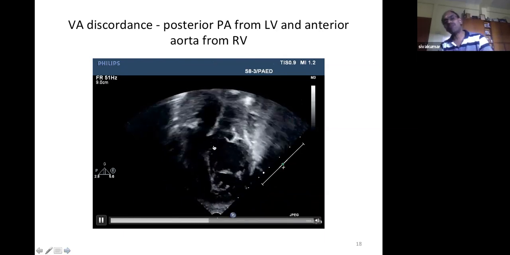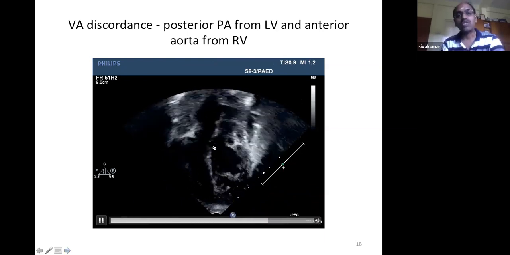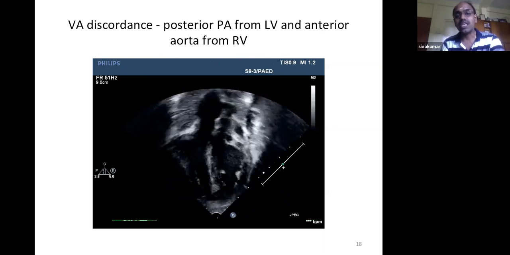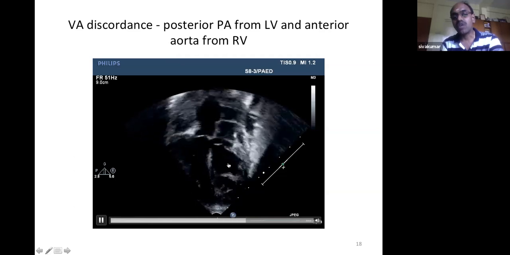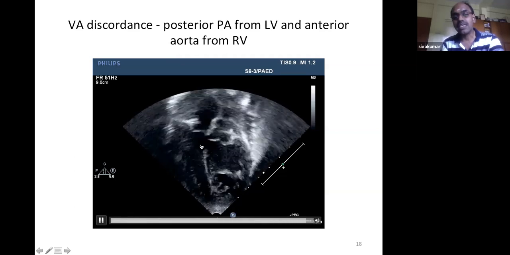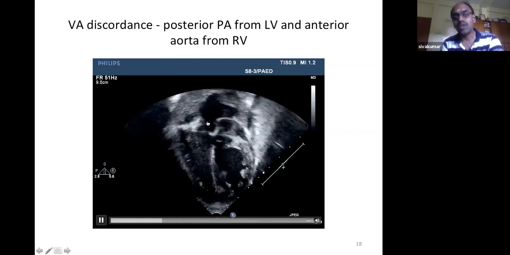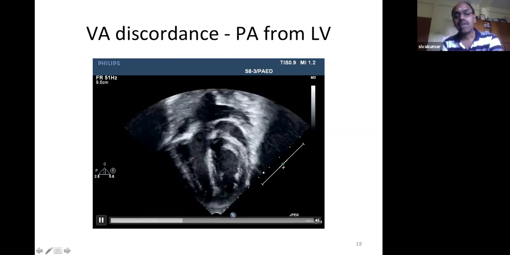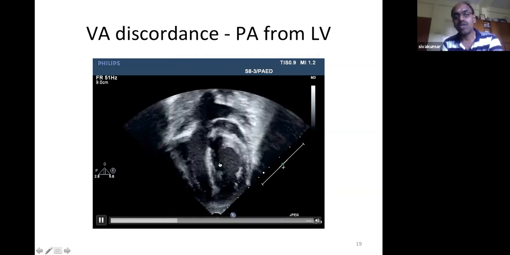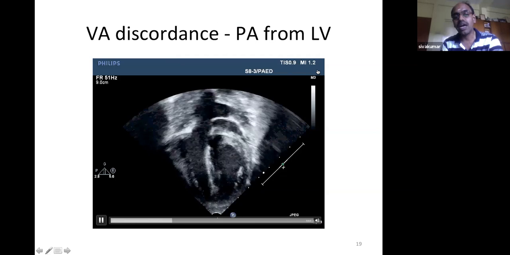When we sweep from an apical four-chamber view much more anteriorly, you can appreciate that the left and anterior aorta comes off from the right ventricle, and the right and posterior pulmonary artery comes off from the left ventricle. So this is the LV giving off the PA from a smooth-walled ventricle, and this is the rough-walled ventricle giving off the aorta anteriorly.